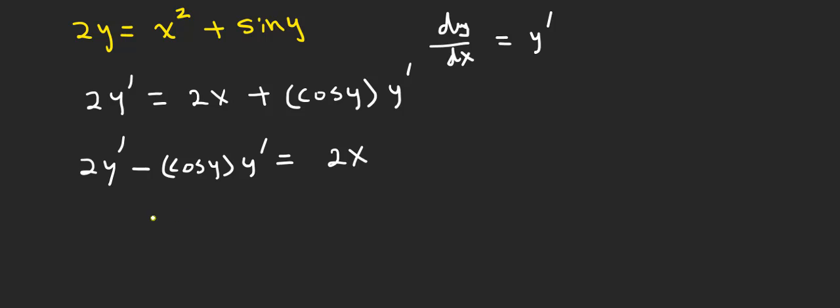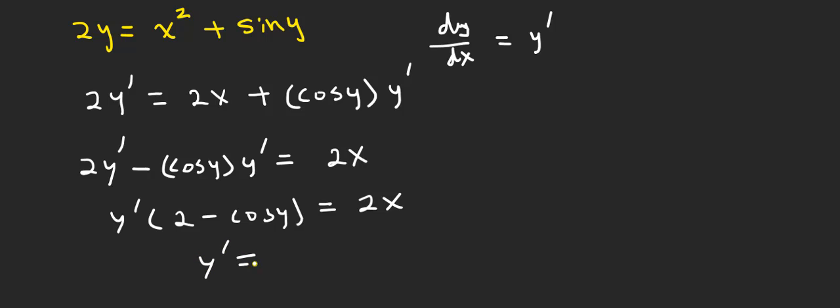Let's factor out the y prime. So we get 2 minus cosine y times y prime equals 2x. And what is y prime? y prime is 2x over 2 minus cosine of y. So that is our dy over dx.